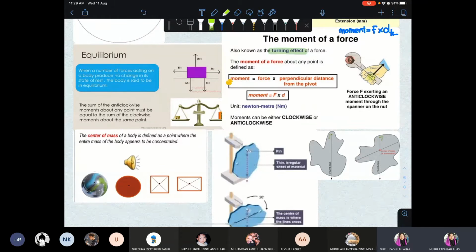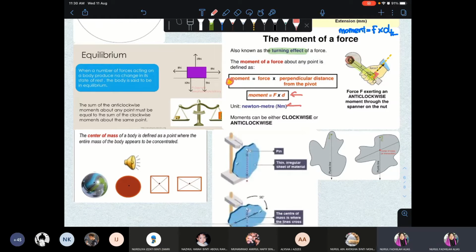The force is applied by this person. Now you see the force is perpendicular. We can make a symbol like this, a right angle. Because the force is perpendicular to the distance, we can use this formula, moment of force.